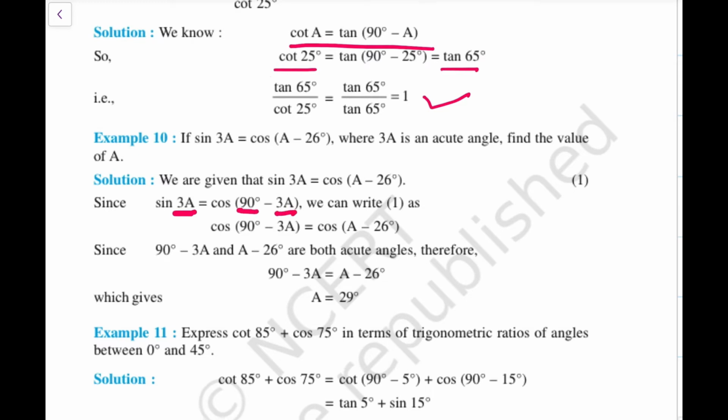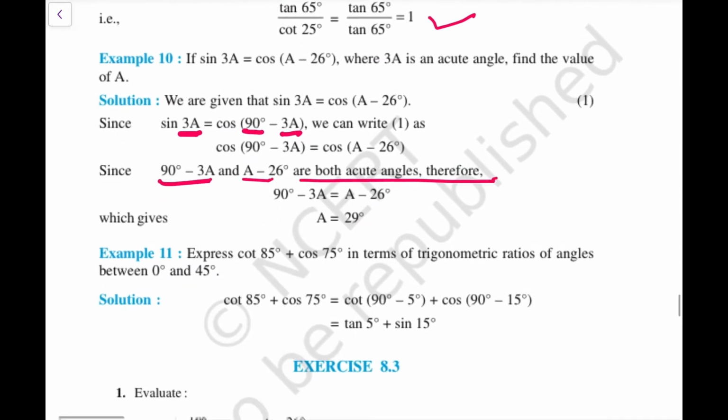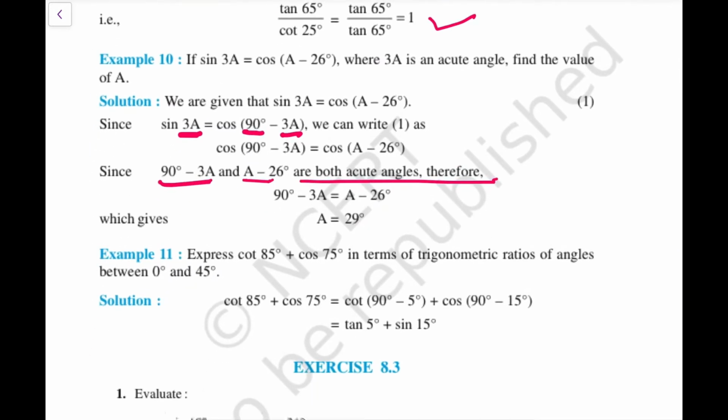So cos 90 minus 3A is cos A minus 26. Both 90 minus 3A and A minus 26 are acute angles. Therefore, you can write 90 degrees minus 3A is A minus 26. Therefore, A is equal to 29.